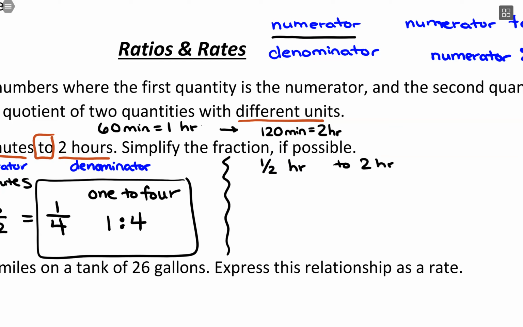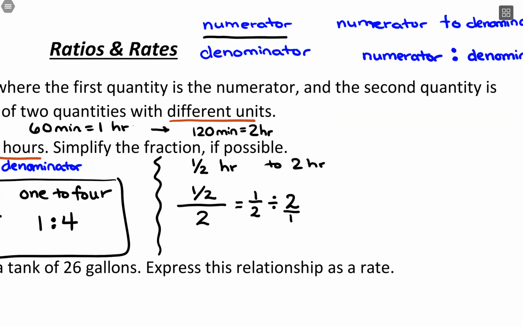This would set up the same. We would have a numerator of 1/2 divided by a denominator of 2. And this becomes a mixed number like we talked about last week. So this is the same thing as 1/2 divided by 2, and I'm just going to write that as 2 over 1 to help me out here.